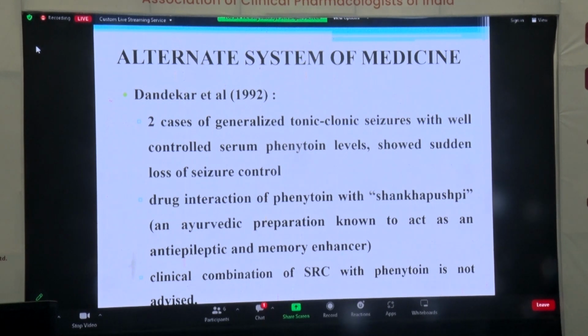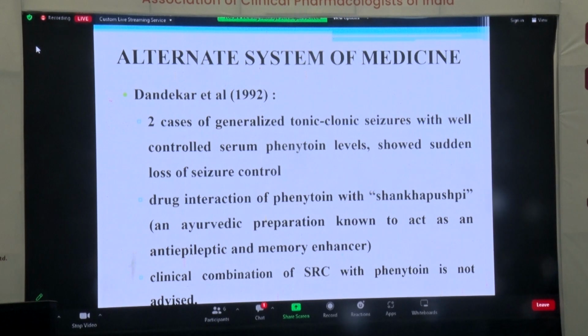Subsequently, they did animal studies in rats and found that with one dose of Shankapushpi, nothing happens. But when multiple doses of Shankapushpi are taken, it reduces the phenytoin concentration, leading to treatment failure of phenytoin. So it also has an anti-epileptic effect.